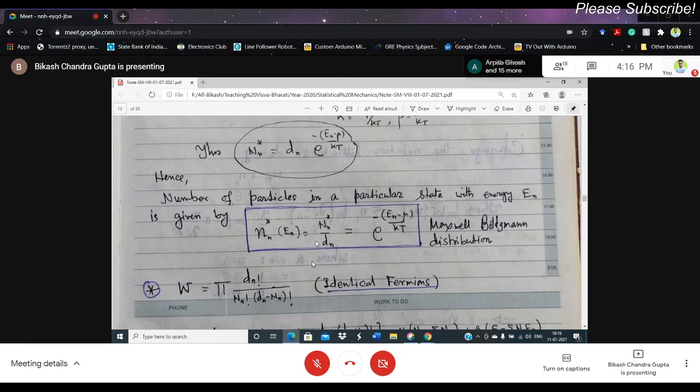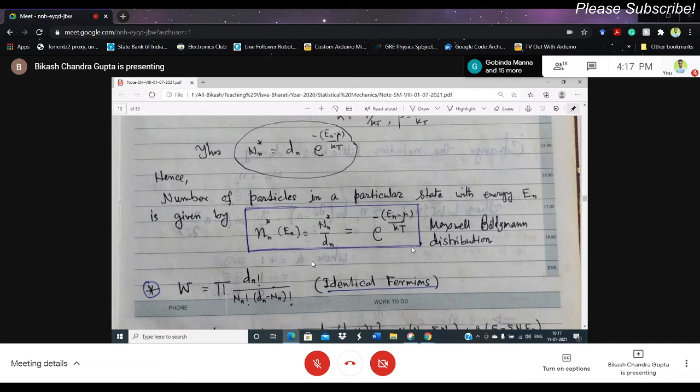And in the case of the most probable set, that n star by dn is the number of particles occupied, or the occupation probability for a particular state, and that goes as e to the power minus epsilon n minus mu by kT, right? So if you ask what is the occupation probability for the state epsilon, it should be e to the power minus epsilon minus mu by kT.